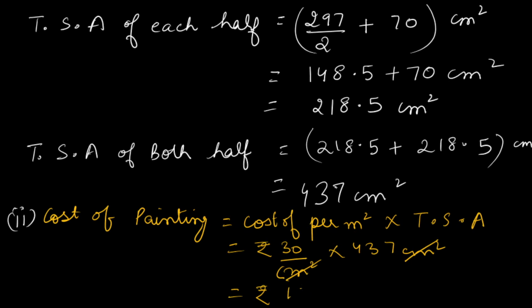So that is 13,110. I'm not doing the multiplication here, I'm just considering your answer correct. So 13,110 rupees is the total cost of painting two halves, because both the halves we have to paint. So we have completed this question.